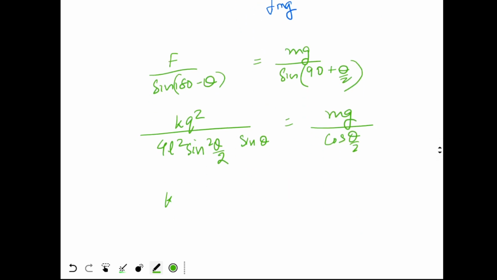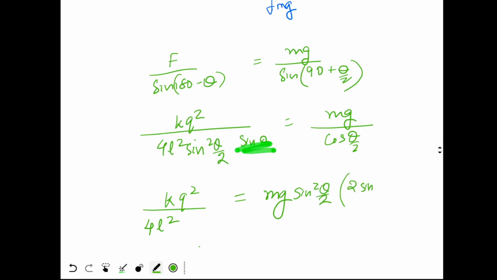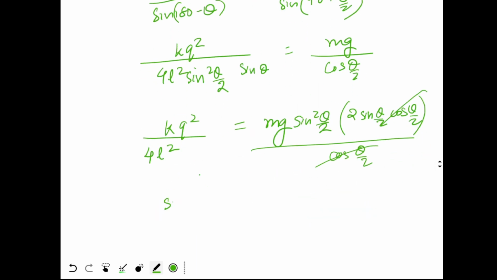So I could write this again as kq square by 4L square is equal to mg times sine square theta by 2, and sine theta will become 2 sine theta by 2 cos theta by 2, and divided by cos theta by 2. So obviously this gets cancelled out. So from here I get sine cube theta by 2 equal to kq square by 8 mgL square.